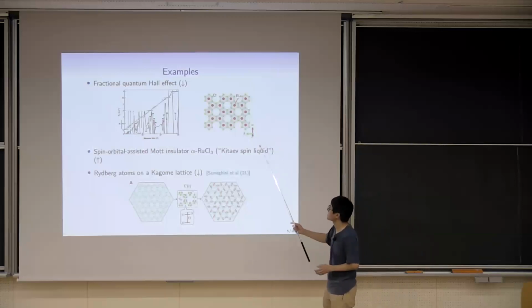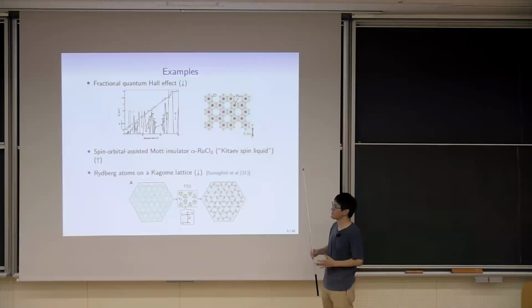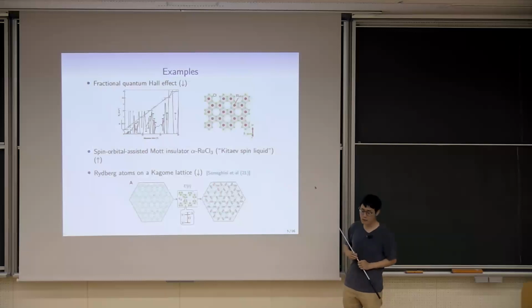This case is more controversial than the fractional quantum Hall effect, but for this type of materials, quantum materials, people speculated the existence of a quantum spin liquid ground state.